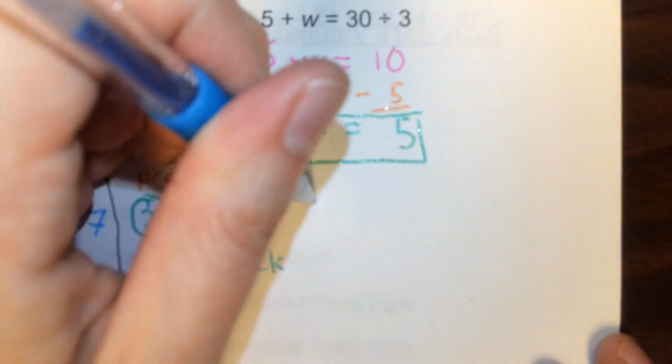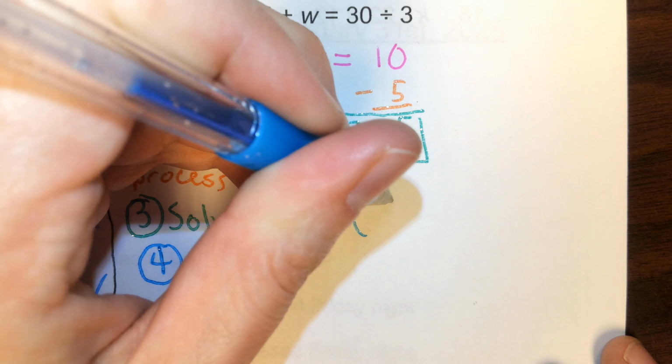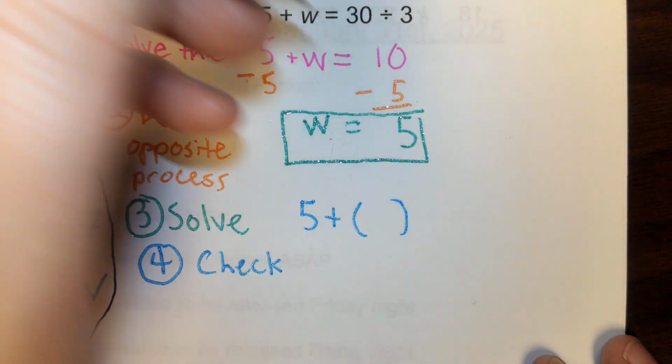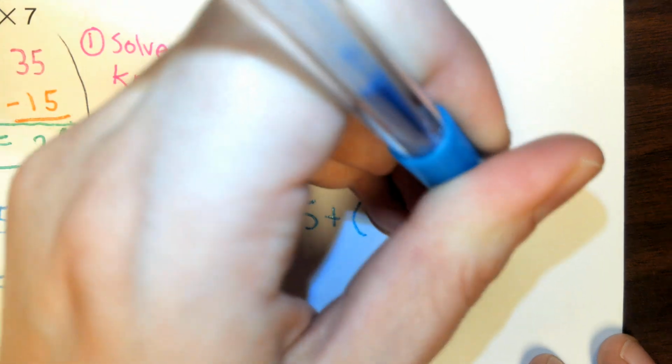Okay, so we have 5 plus mystery number w, which is 5, or we think it's 5, equals 30 divided by 3.